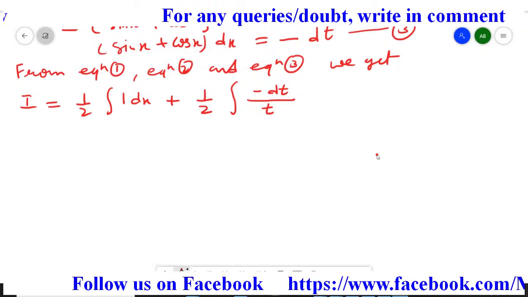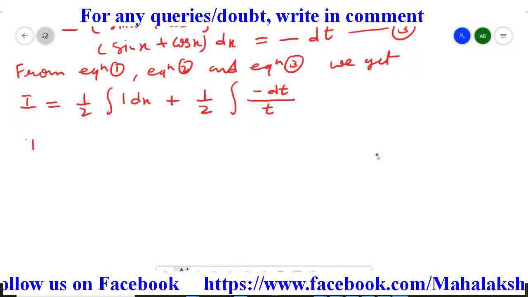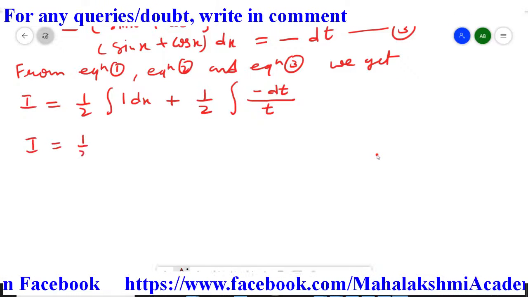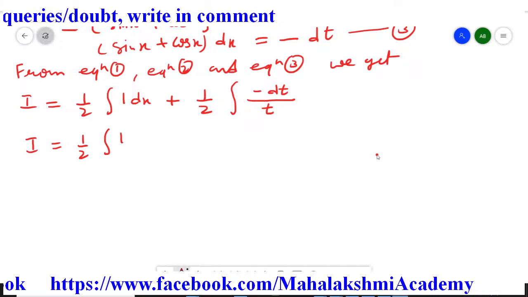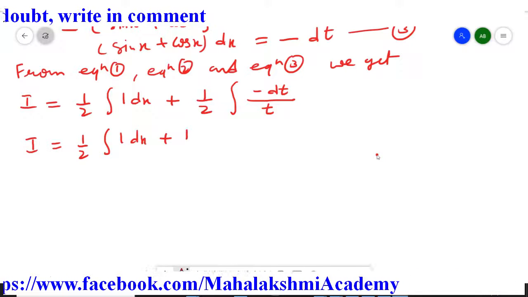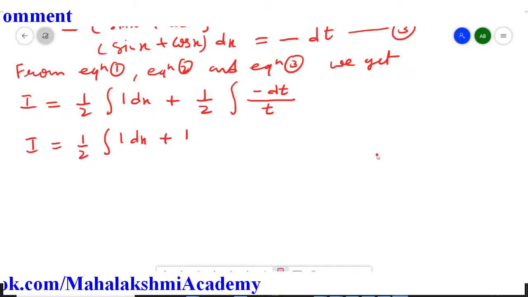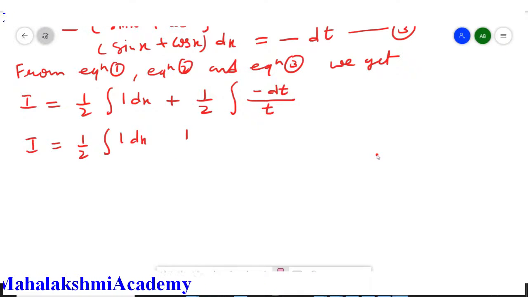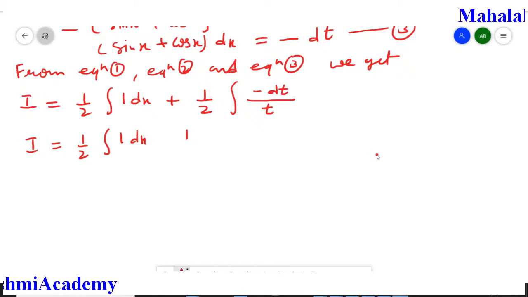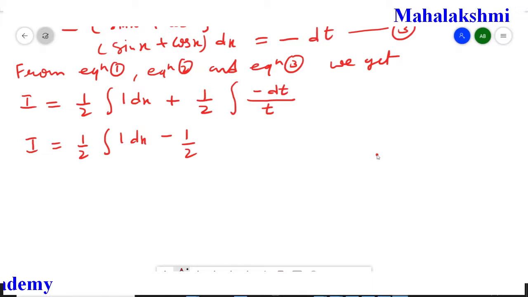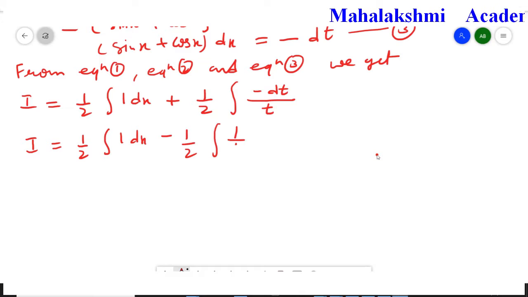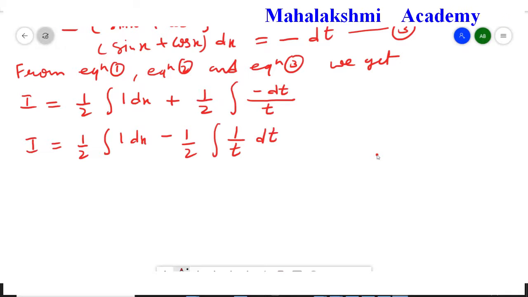So in the next step we are going to have I is equal to half integration of 1 dx plus, we have to change here because plus multiplied by minus is going to be minus, so minus half integration of 1 upon t, and we are integrating with respect to t.